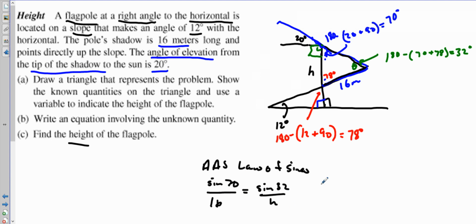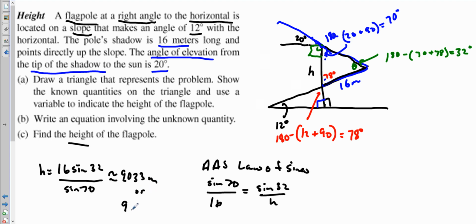That's our proportion. To solve, we cross multiply, so h equals 16 times the sine of 32 divided by the sine of 70. Putting that in our calculator, it is approximately 9.03 meters, or about 9 meters to the nearest whole number.